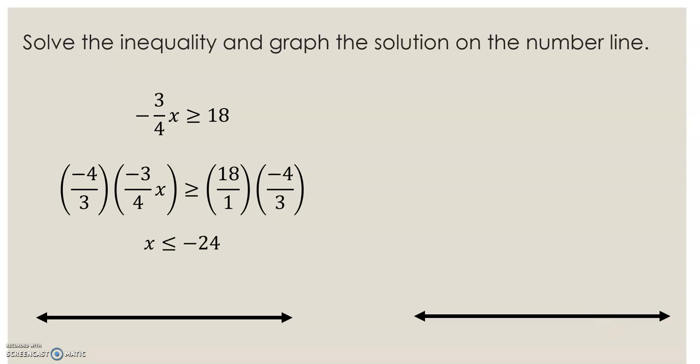X is less than or equal to -24. We multiplied both sides of the inequality by a negative number, so we need to flip the inequality sign. On our number line, we'll put 0, we'll put -24. Less than or equal to is a solid circle and shaded to the left.